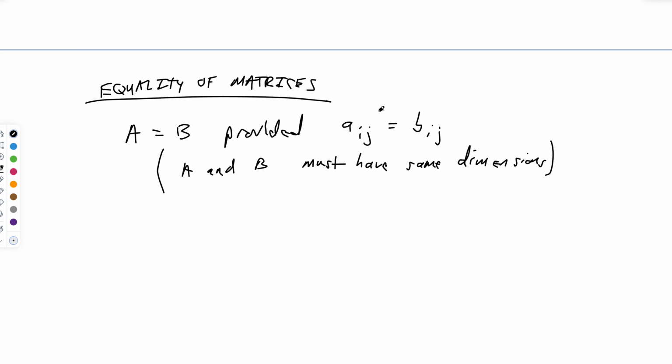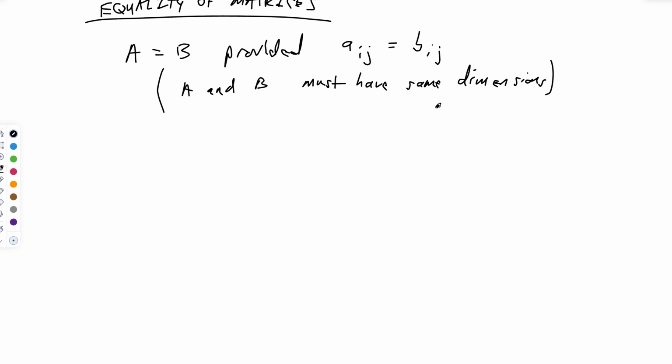So you wouldn't be able to set the two entries of matrices together unless they were the same dimensions, because one of them would have an entry and one of them wouldn't. There's no way for those to be equal. So it's inherent that if you're trying to find if two matrices are equal or not, that one, they are the same size, right? Same dimensions. And then two, that every entry is going to be equivalent as we go.